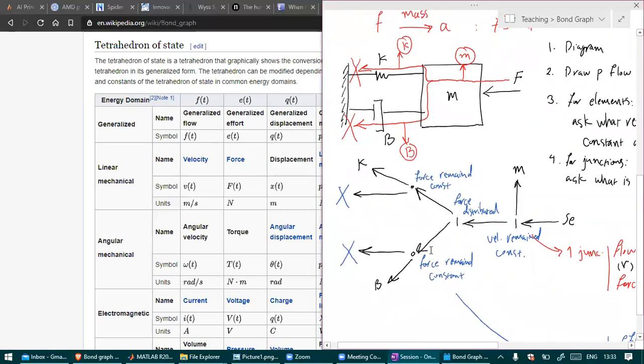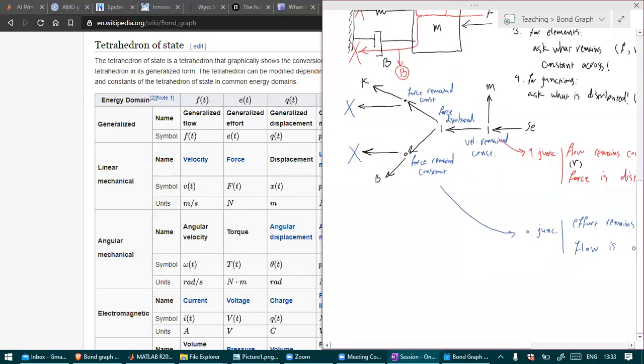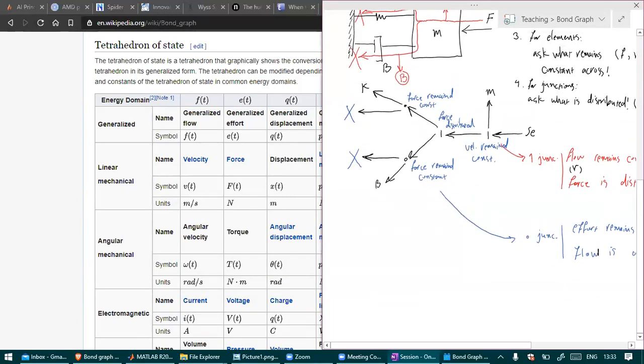Okay, that's how it is. That's how easy it is. And we know now the definition of a 1 junction and a 0 junction. Okay, let's basically try to write the equations for this.